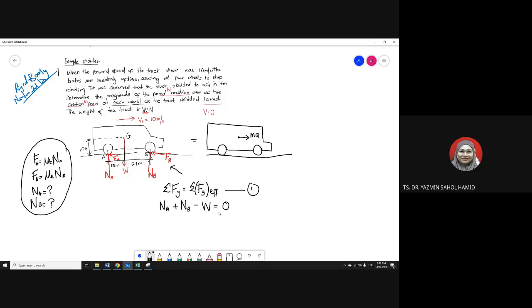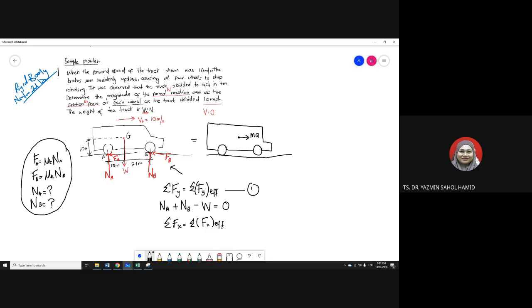So you understand you have this equation. But from this equation, how are you going to find Na and Nb? You still cannot find it yet, right? So we have another equation, that is summation of forces Fx. Let's write down that one. Summation of forces Fx equals the summation of forces Fx effective.